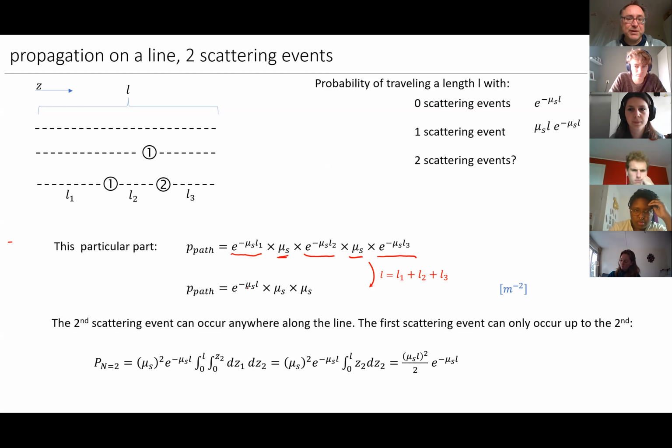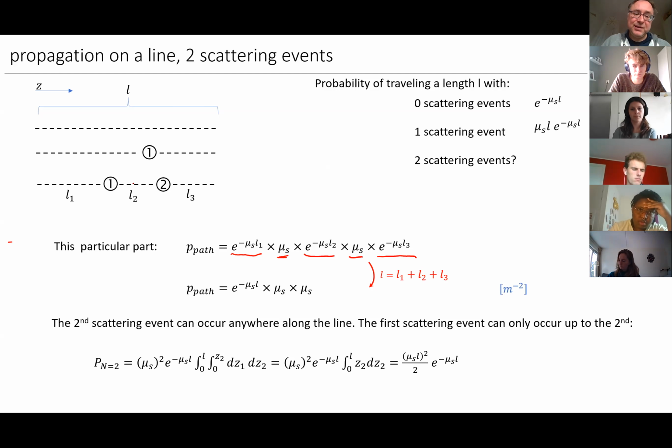And if we look close, then we see that the second, sounds a little bit strange to start with the second scattering event, but the second scattering event can occur anywhere along this line. It could occur immediately, it could occur only at the very last part, or anywhere in between. It can occur anywhere. But the first scattering event, because it's the first, can only occur up to the second one. So it always has to be on the left of the second one.